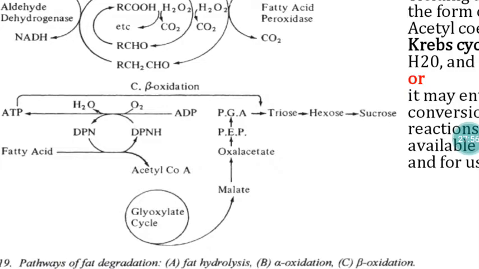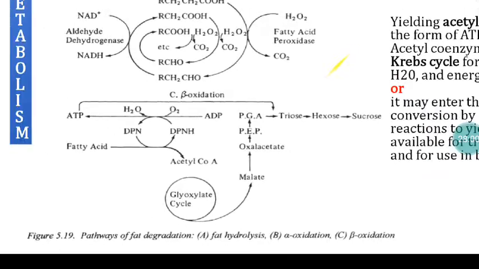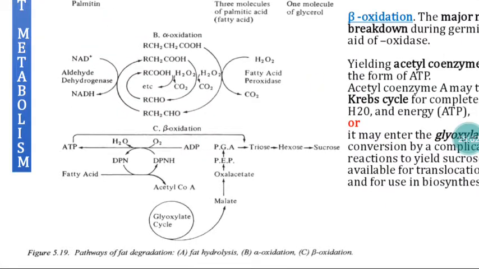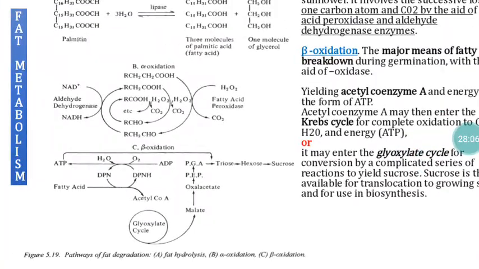So this sucrose will enter glycolysis, and automatically energy will be generated. These things happen very regularly. Even though there are 2 possibilities of oxidation reactions with reference to oil, beta oxidation is the very commonly occurring event. Through beta oxidation we get acetyl-CoA, which either directly enters the Krebs cycle or enters the glyoxylate cycle.